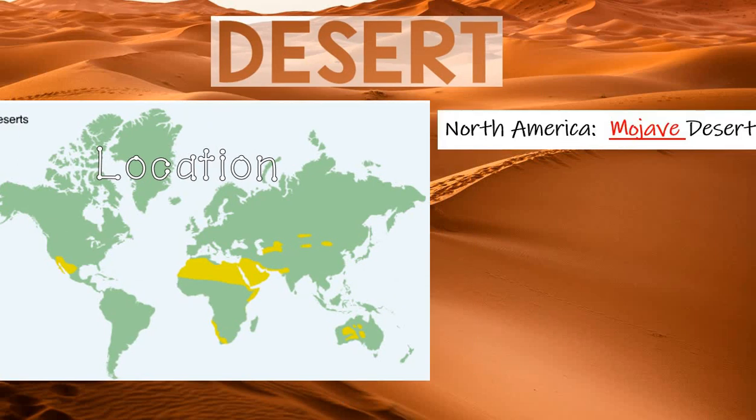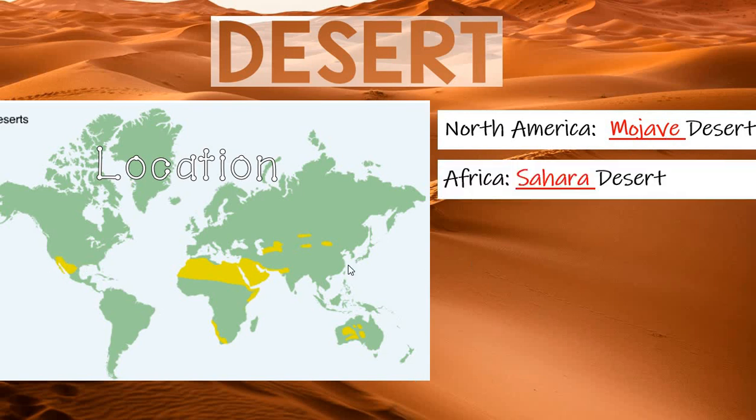Deserts are located mainly around the equator. So in North America, we have several different deserts, including the Mojave Desert, as well as the Great Basin. We also have probably the most famous and largest hot desert, the Sahara Desert here in Africa.